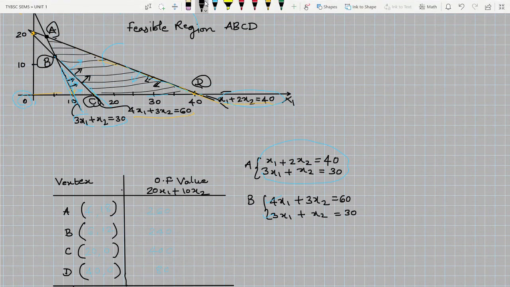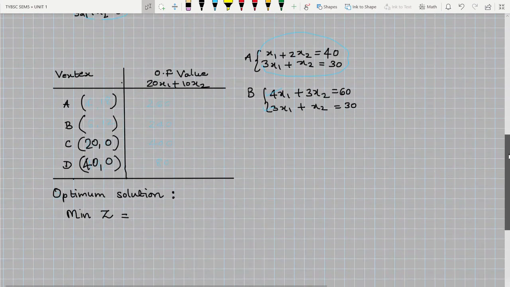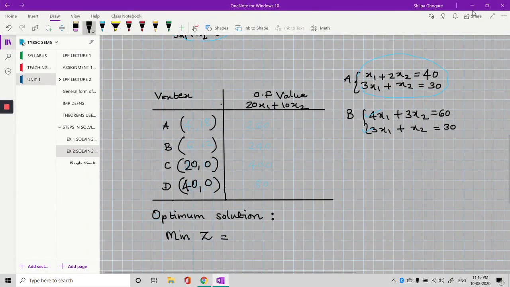Now A and B are not lying on any of the axes. So to find their coordinates, we will solve the two equations simultaneously. You all know how to solve two equations simultaneously, but still I will illustrate one of the two. This can be done in the rough work.